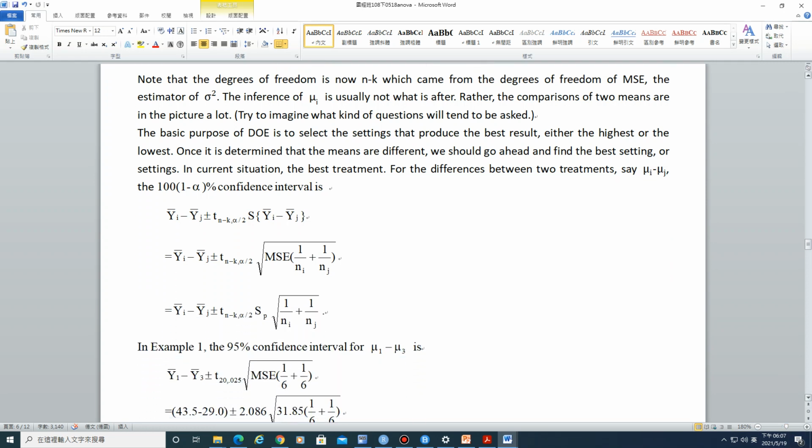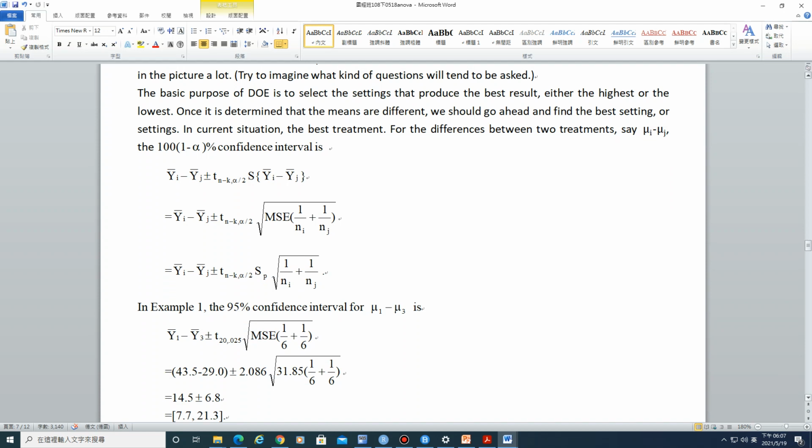We will compare and finish ordering them in terms of magnitude. Which one is the highest? Which one is the smallest? According to the rule, we put the estimates in here, and this is our confidence interval.